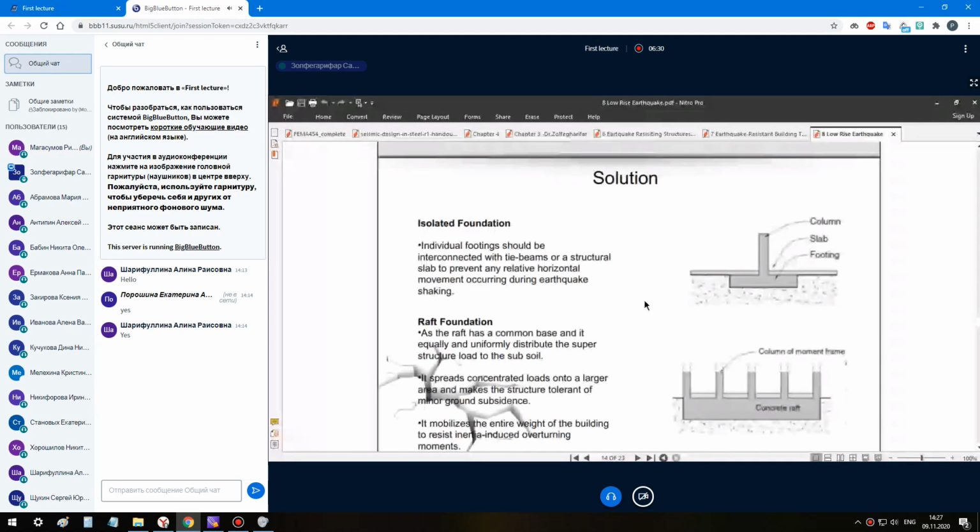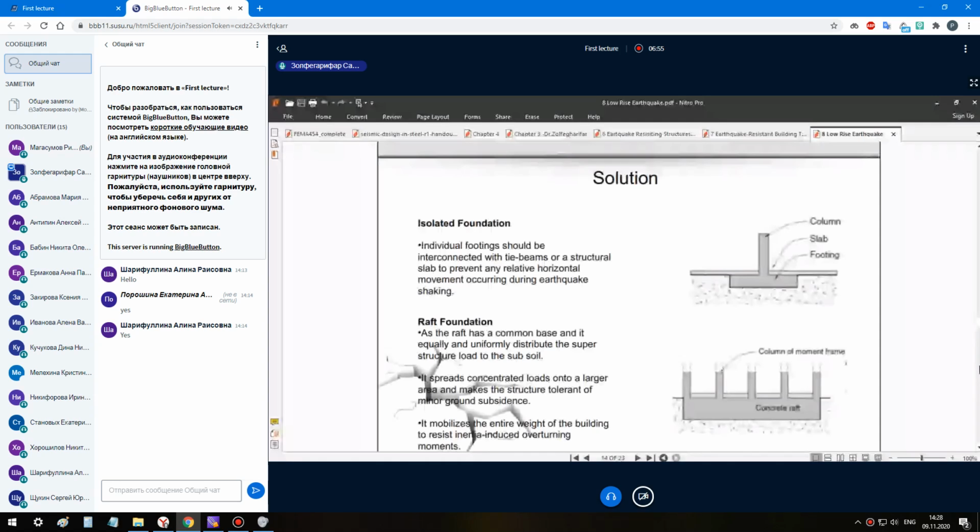Another solution is to use raft foundations, as the raft has a common base and it equally and uniformly distributes the superstructure load to the subsoil, as shown in these shapes.